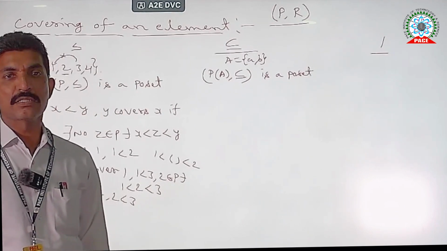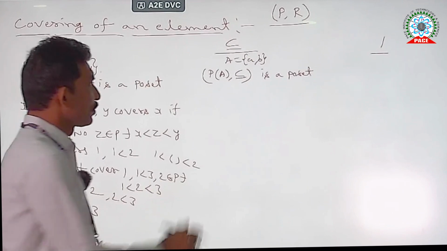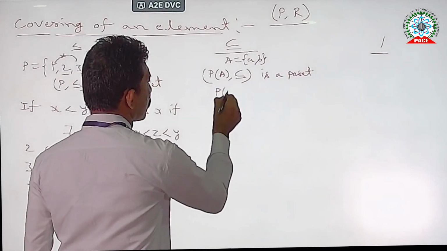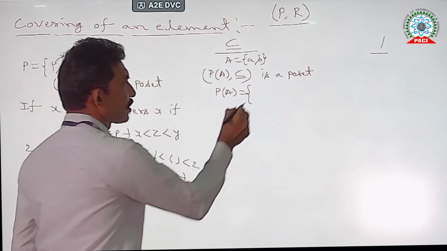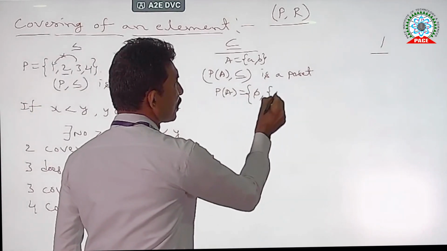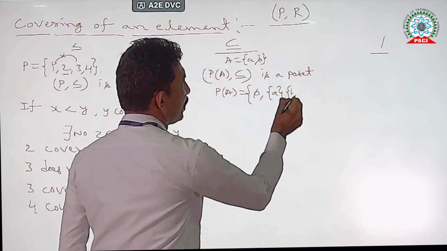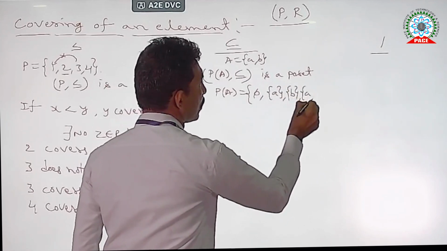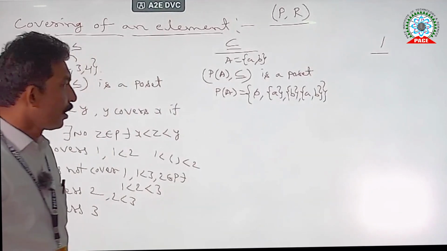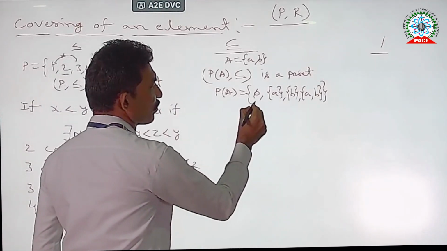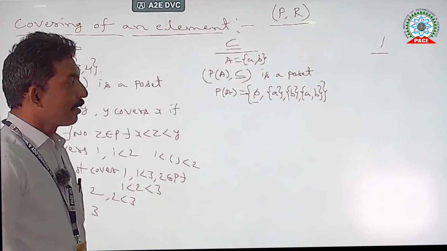So P of A means the set of all subsets of A. That means the empty set, singleton A, singleton B and A comma B. So this is P of A. Now we observe that, first we fix the first element empty set, then from the next elements we observe which elements are covered.